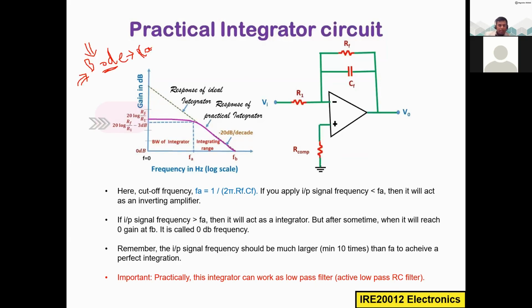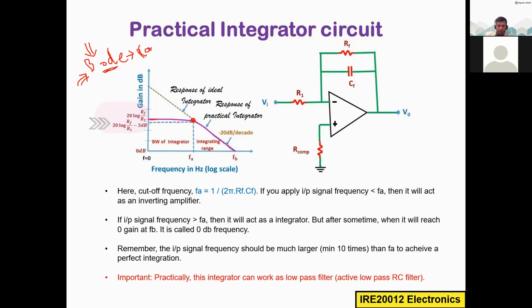Here we have 20 log RF by R1. So the value starts at RF by R1, and here we have the minus 3 dB. From minus 3 dB, if you make a dotted line, it will meet this curve at this point. This is called the cutoff frequency.